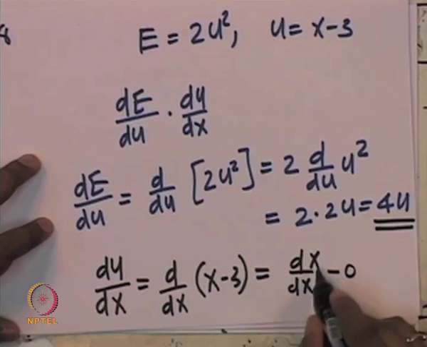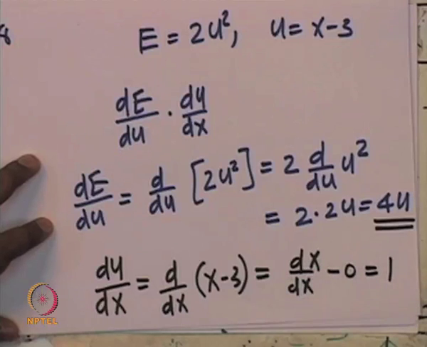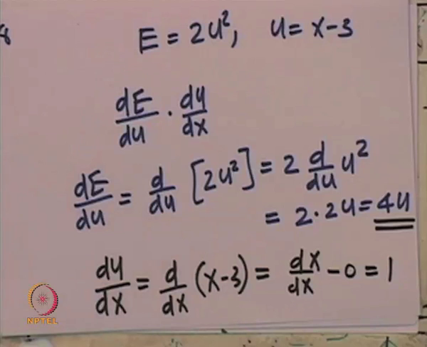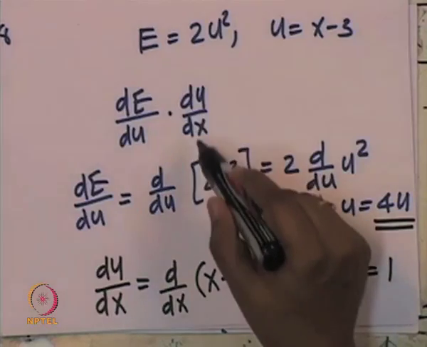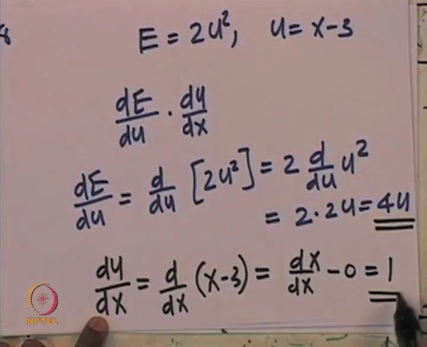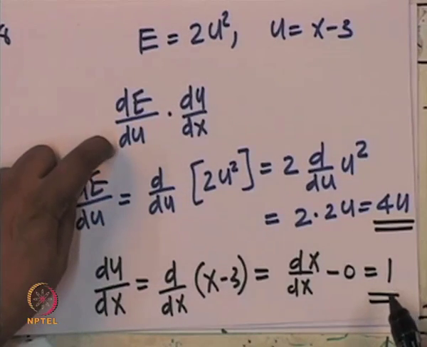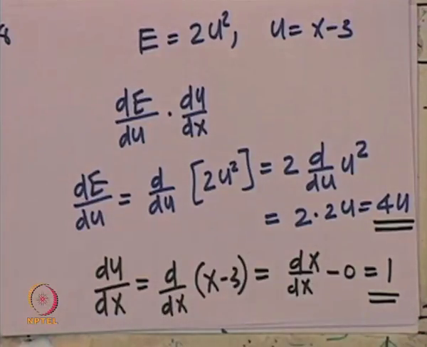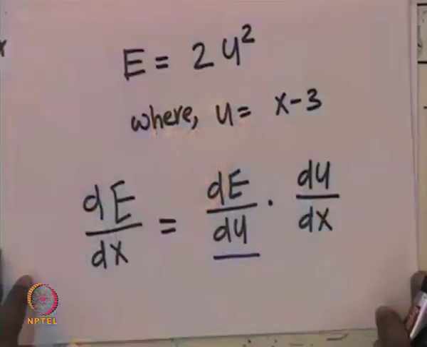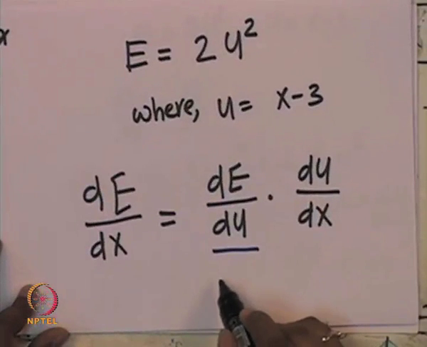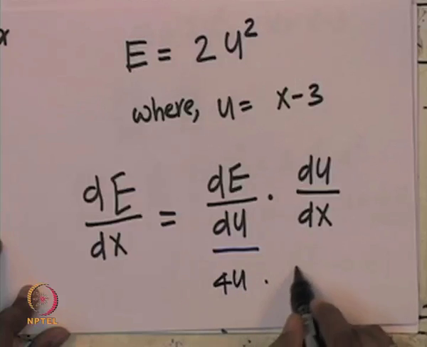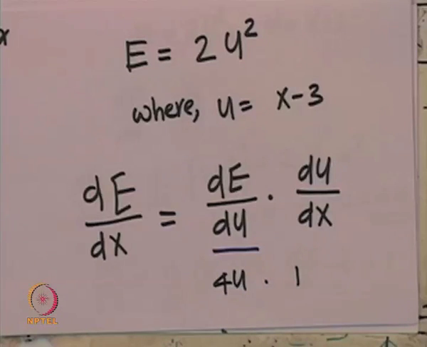So, minus 0. This is essentially 1, dx by dx is 1. So, du by dx is 1. So, the answer we get is 4 into u times du by dx. du by dx is 1, dE by du is 4u. So, the answer is 4u times 1.